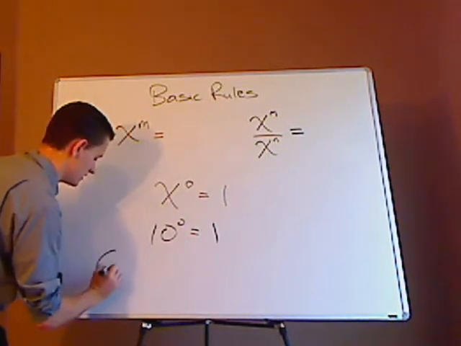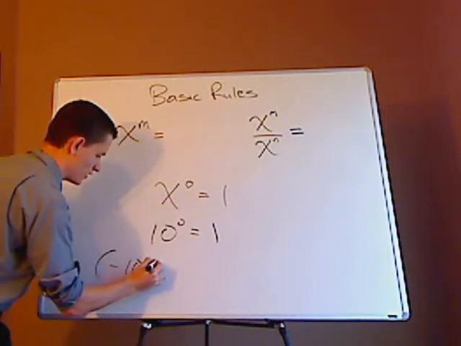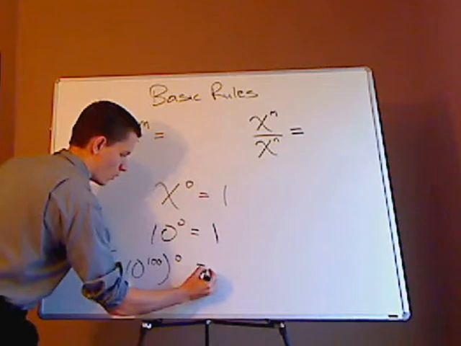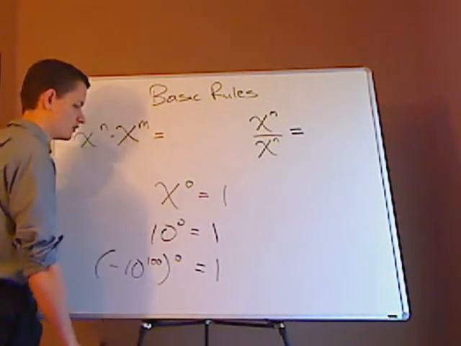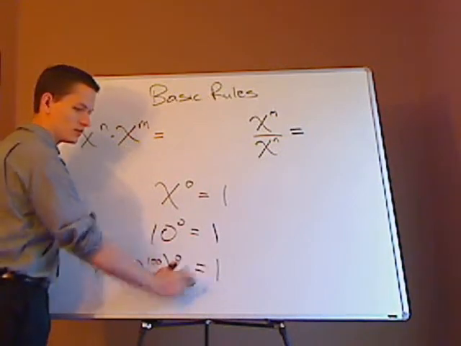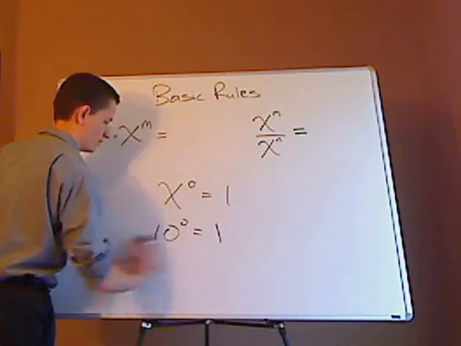And what would be negative 10 raised to the 100 power raised to 0? 1. So it doesn't matter what's being raised to 0, it's going to be 1. It's pretty straightforward.